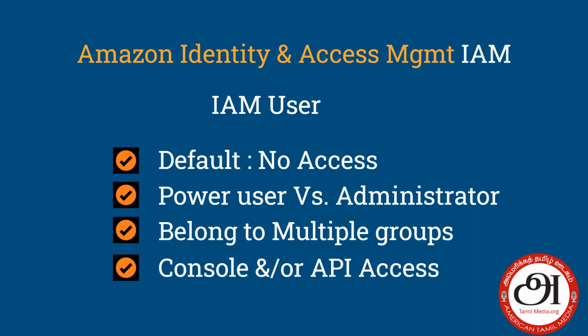That is a console. So they can use the console and access the resources, or they can also use the API calls. API calls is command line or programmatic, I would say, programmatic way of accessing your AWS resources. So you can configure the user which way you want him or her to access the resources, or you can say both ways they can access it.